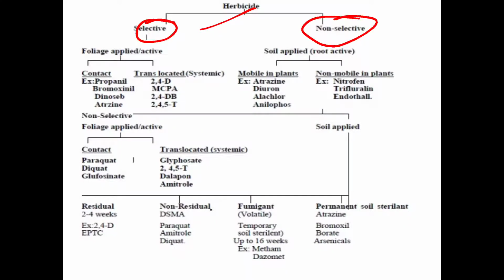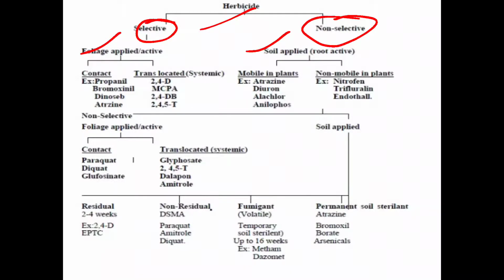Selective herbicides are again divided into two types: foliage active herbicides and soil applied herbicides. Foliage active herbicide means application of herbicides on the foliar parts. Foliage applied or foliage active herbicides are again divided into two types: contact herbicides and translocated herbicides.